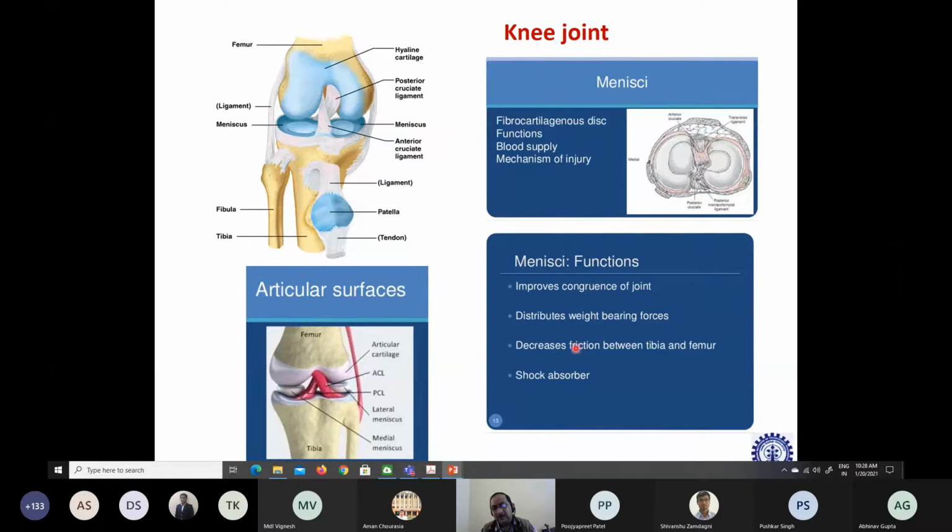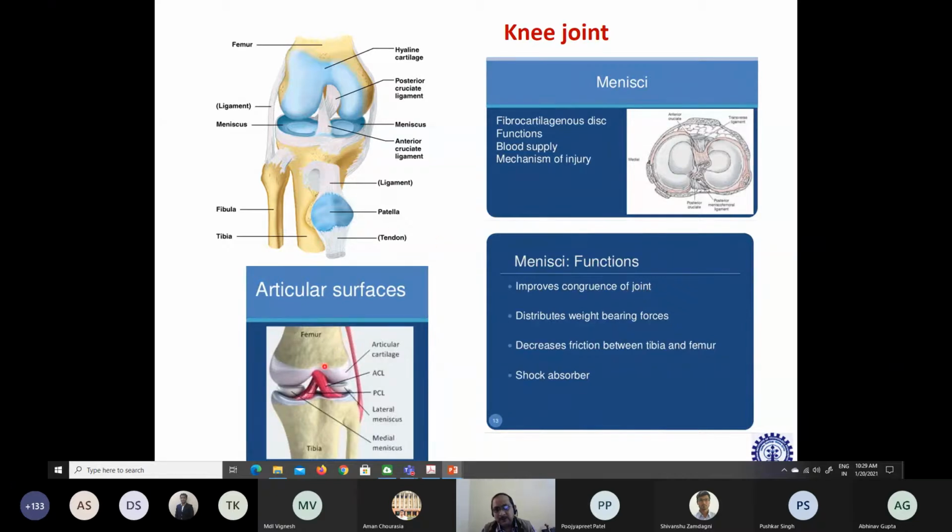It is not only acting as a shock absorber, but it also distributes the forces in a more even manner throughout the articular zone. This weight distribution is primarily because it adds congruency to the joint.